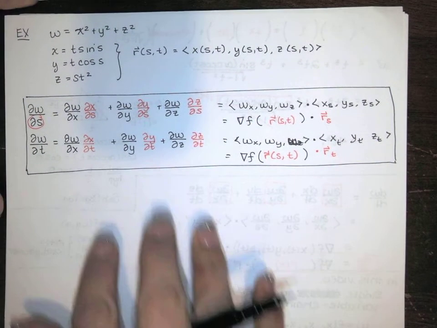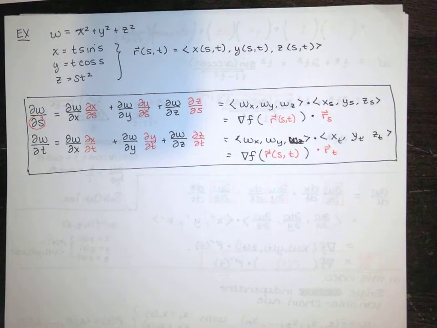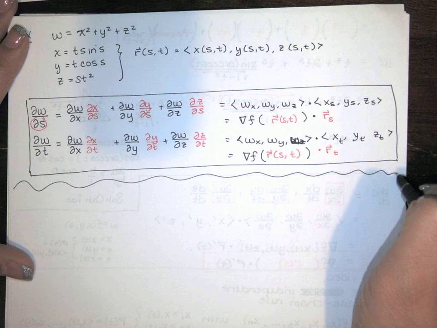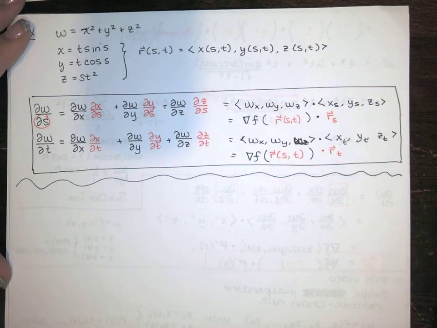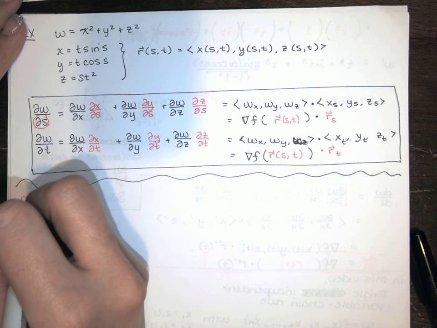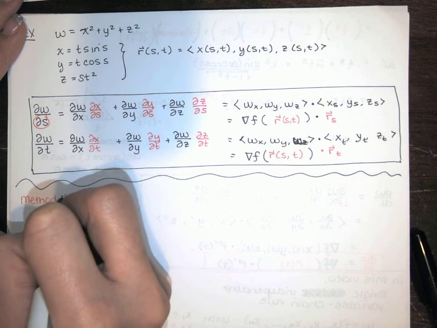I can also just substitute and take the derivative from there. So let's use the simple method first, see what the answer is supposed to be, and then we'll use the chain rules to confirm and show that we get the same answer either way. So method number one is just to substitute.